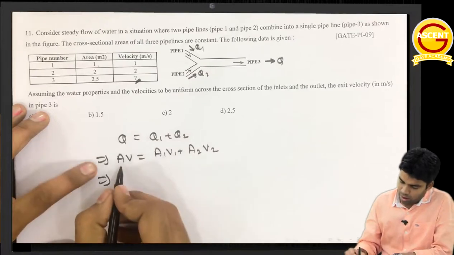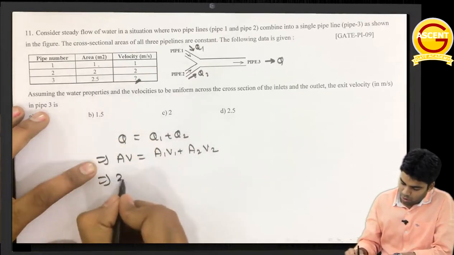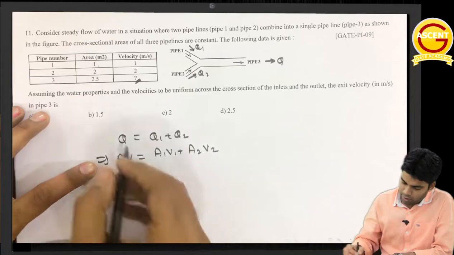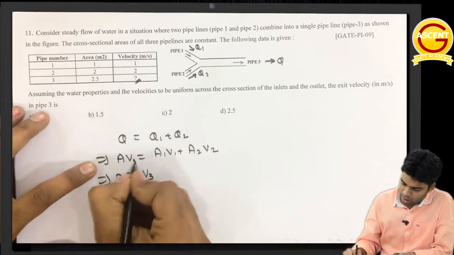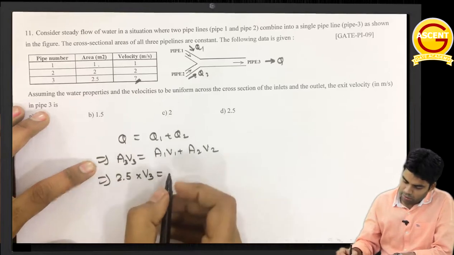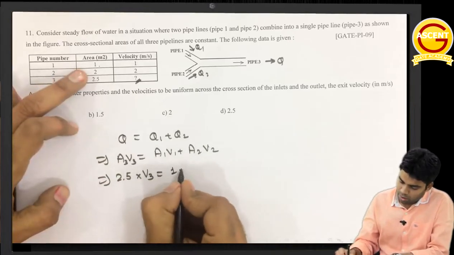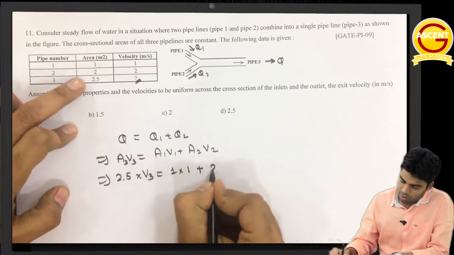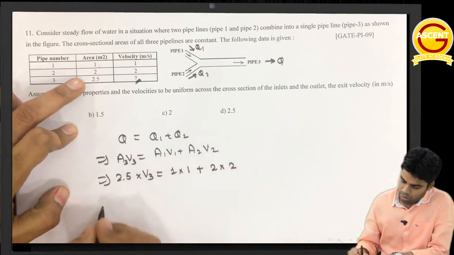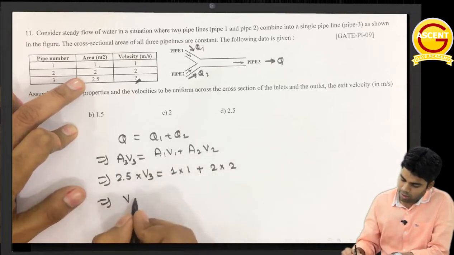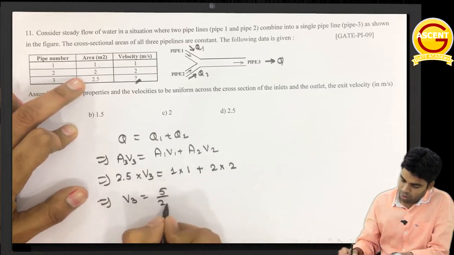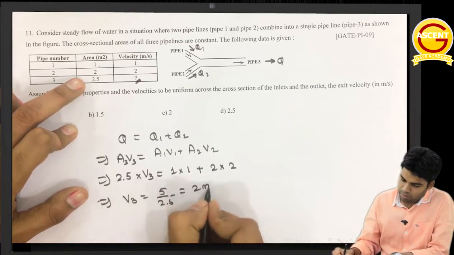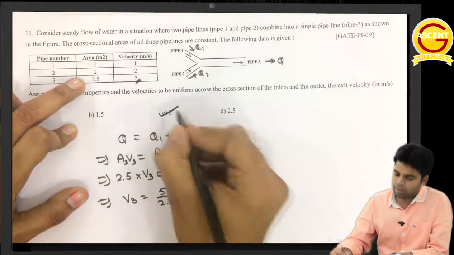So this A which is given as 2.5 into V, or you can call it V3, A3 into V3 is equal to A1 V1, A1 is 1 into V1 is 1 plus A2 is 2 into V2 is 2. So from here you can determine this V3, which will be equal to 1.5 by 2.5, which is equal to 2 meter per second. So answer should be C.